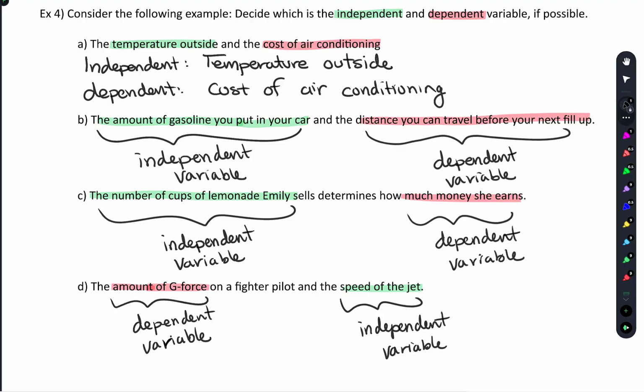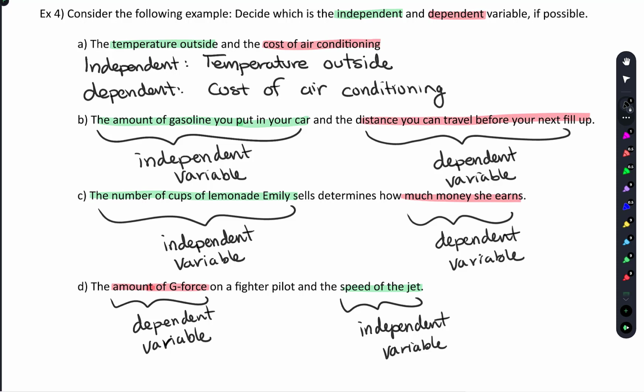Welcome back. So let's take a look at C and D. So the number of cups that Emily sells, I would say, is the thing that we could change. If she sells more, she's going to make more, right? So the amount of money that she earns depends on how many cups of lemonade she sells.